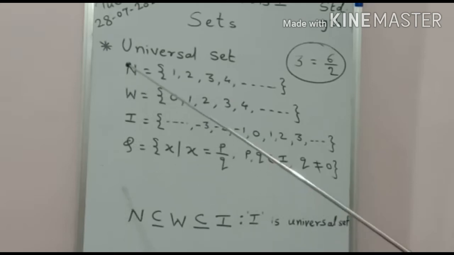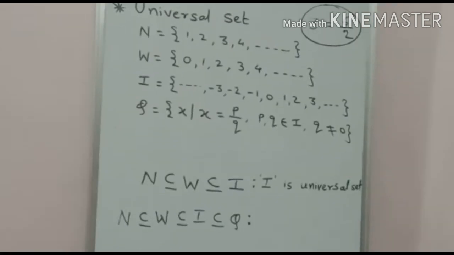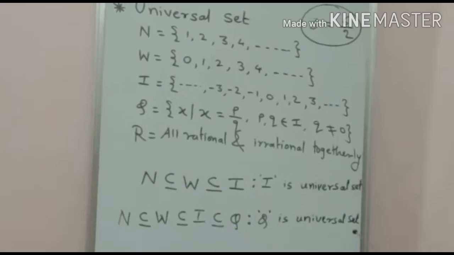This means all elements of N, W and I are in Q. So we write this as N is a subset of W, is a subset of I, meaning integers, and a subset of Q. As we compared the first three sets, I was the universal set, but now for these 4 sets, which set is the universal set? Yes, exactly, now Q becomes the universal set for these sets.